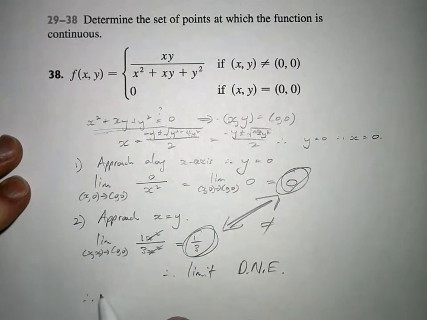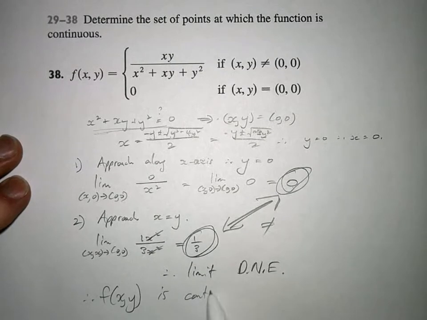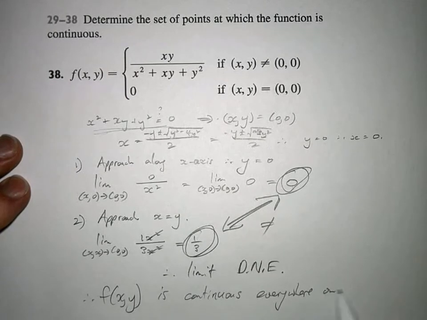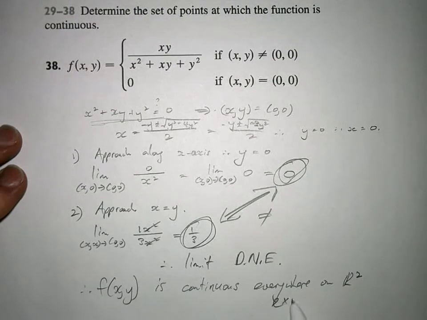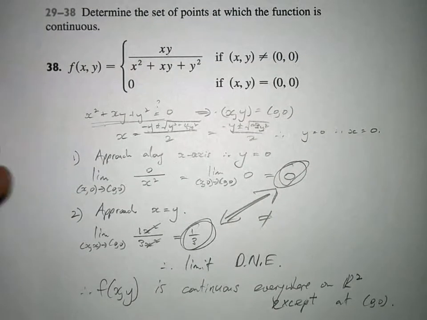So therefore, f(x, y) is continuous everywhere on R squared except at (0, 0). Okay, so this is a very nice question that brings together what you know about limits and what you know about continuity into one question.